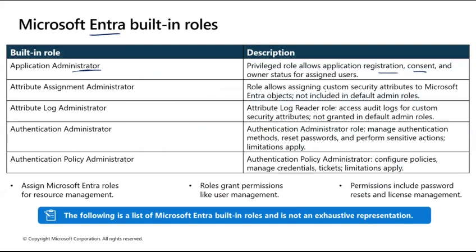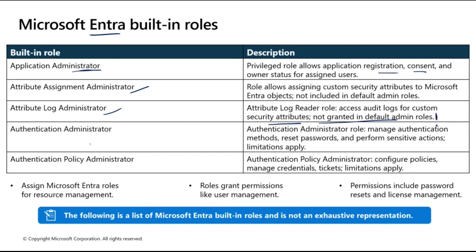So you can just search on the web for Entra built-in roles, and you will find a Microsoft document with a long list of all the roles. These roles are just extracted from there. Attribute assignment admin, attribute log administrator. What he can do, he can access audit logs for custom security attributes not granted in default admin roles.